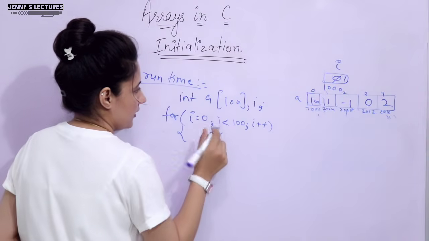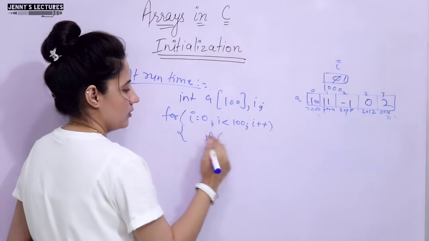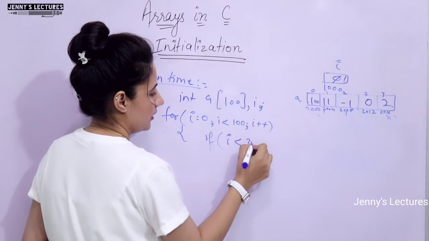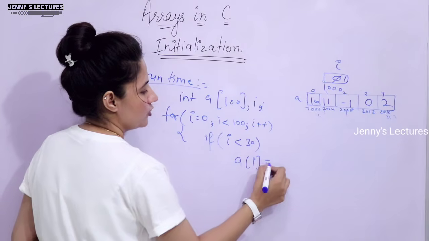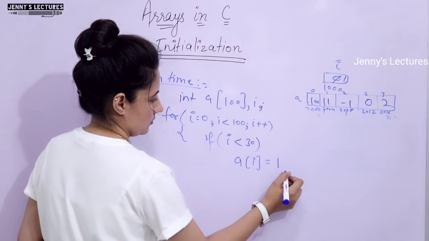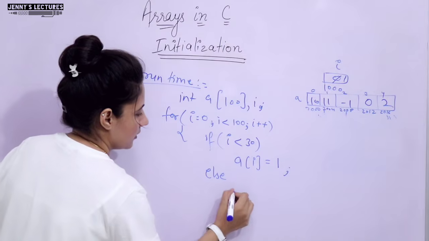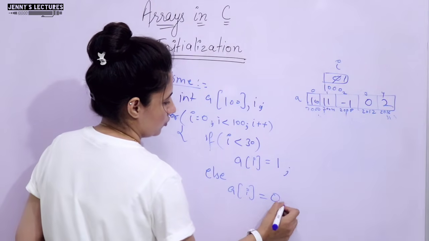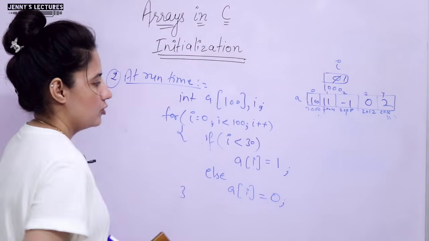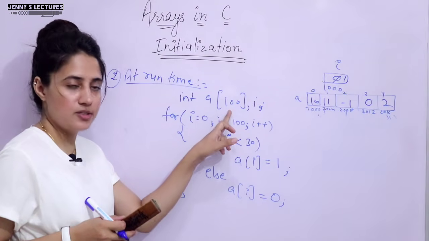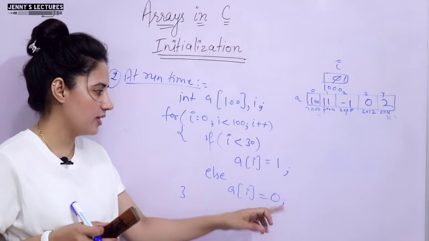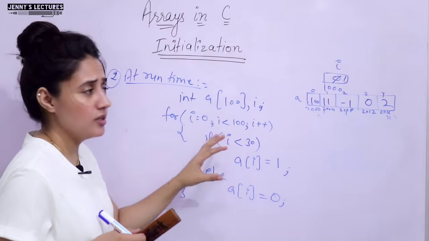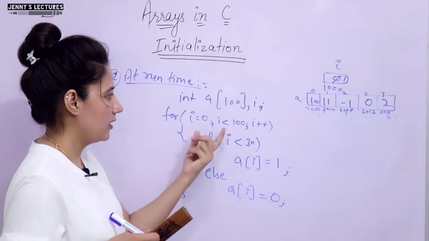See, suppose I have size 100 and I want, if i is less than 30, then a[i] would be initialized with 1, else a[i], the remaining portion, would be initialized with 0. So the first 30 numbers in the array would be initialized with 1 and the remaining with 0, right? If a situation like this is there, then runtime initialization is better.